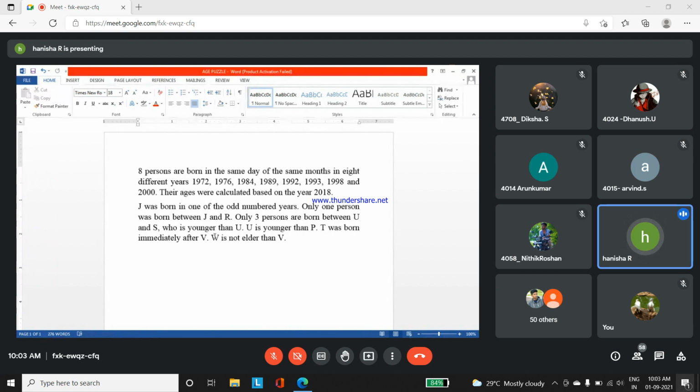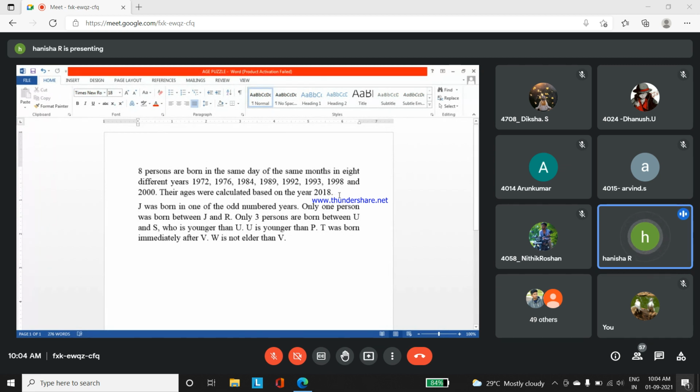Even if you attend it online, you will be provided with a rough paper and pen. So after reading the question, you split it imaginarily, and in your rough sheet you draw the framework. Since I'm explaining online, I'm using this word to explain everything to you.